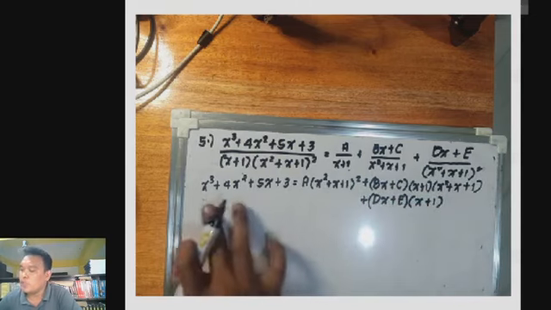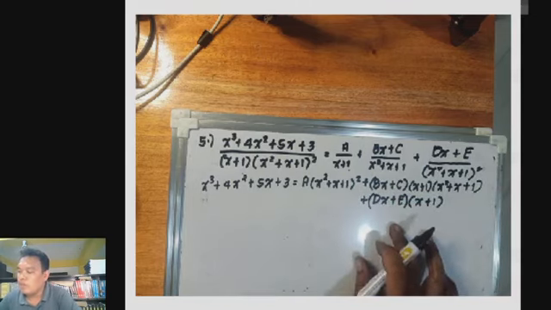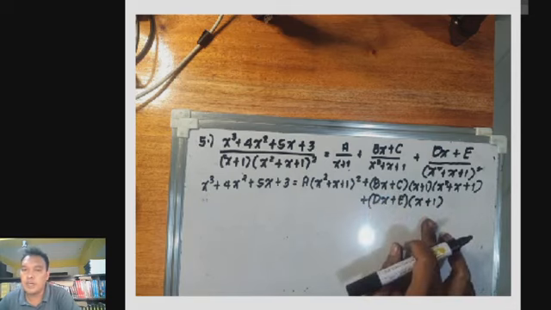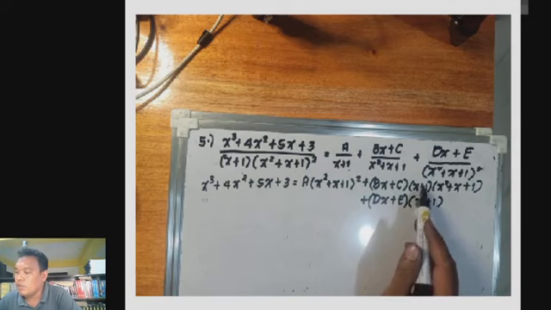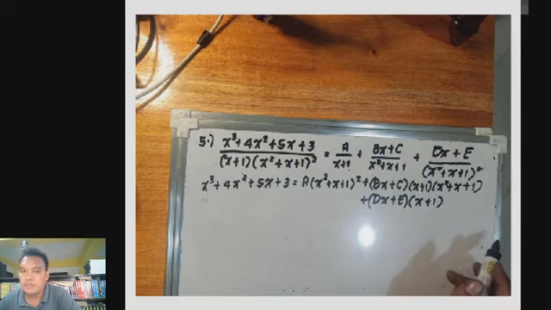Okay. So, in this equation already, we can cancel out the values of b, c, d, e. Because if we put in the value x equivalent to negative 1, this will vanish, and this will vanish too. Okay?